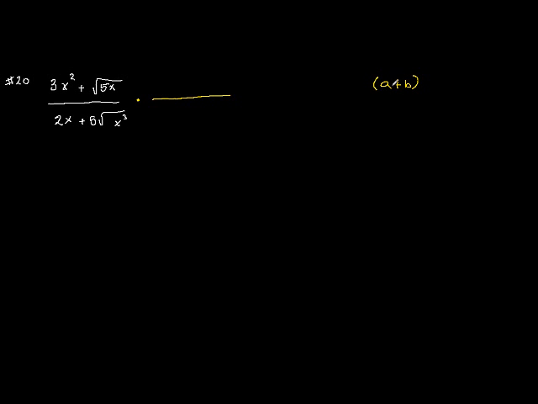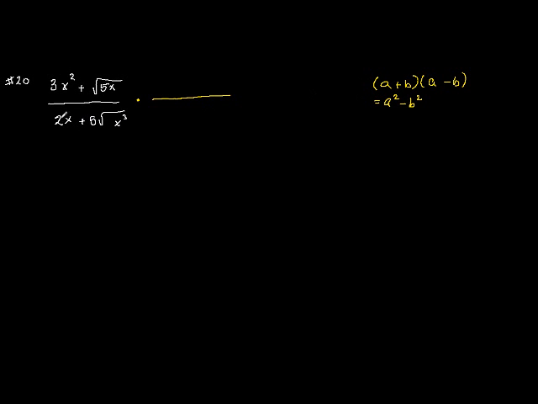So a here is like your 2x, and b here is like your 5 times square root of x cubed. If I multiply it by the same thing, but instead with a minus here, what I get is a squared minus b squared. So this is what happens when I multiply by what is called the complement.